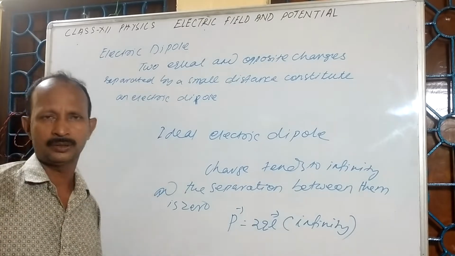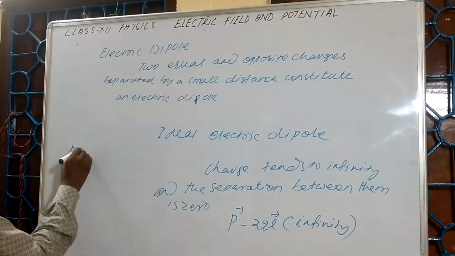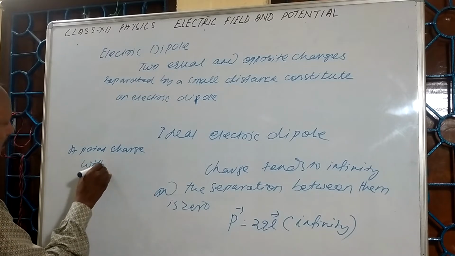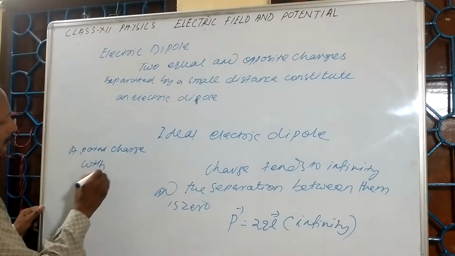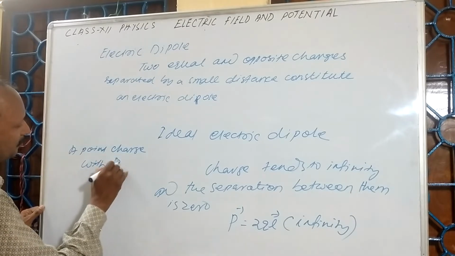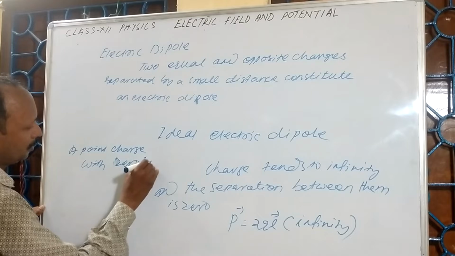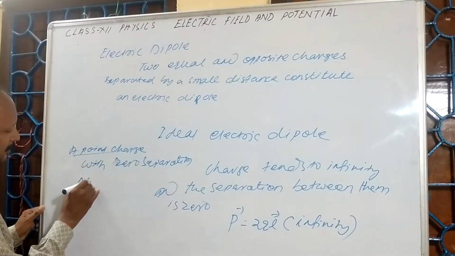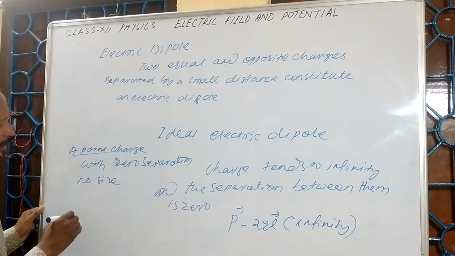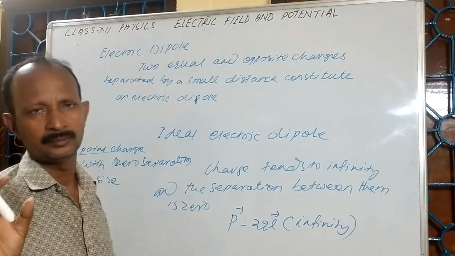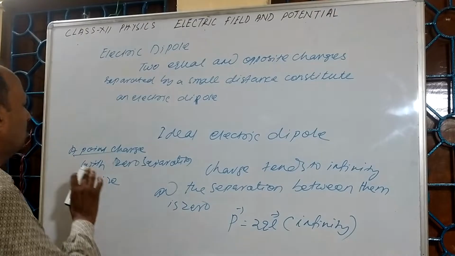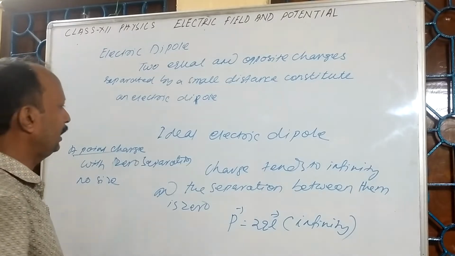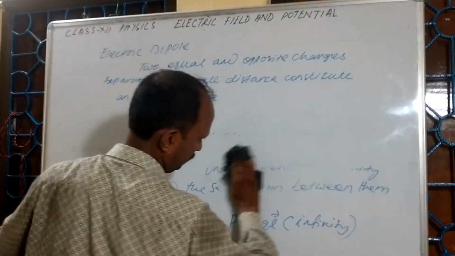A point charge with zero separation, which has no size, we can say is an ideal electric dipole.